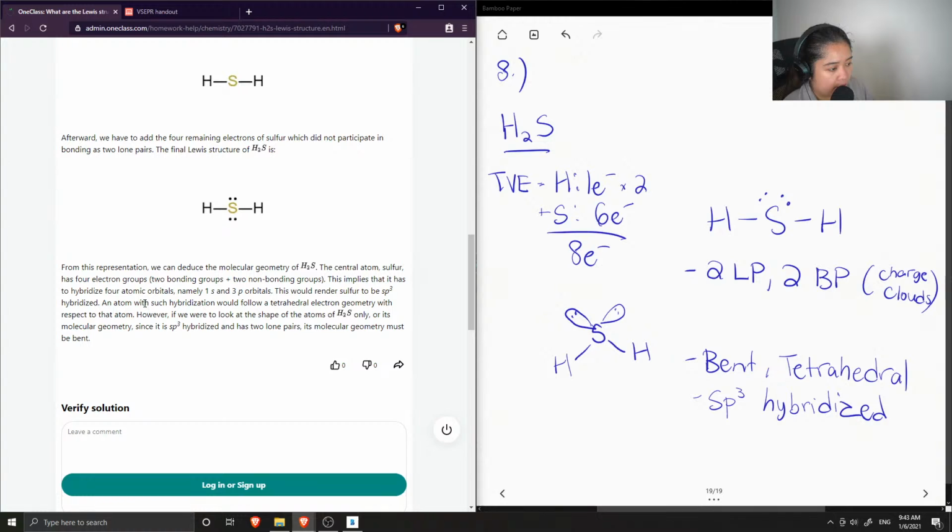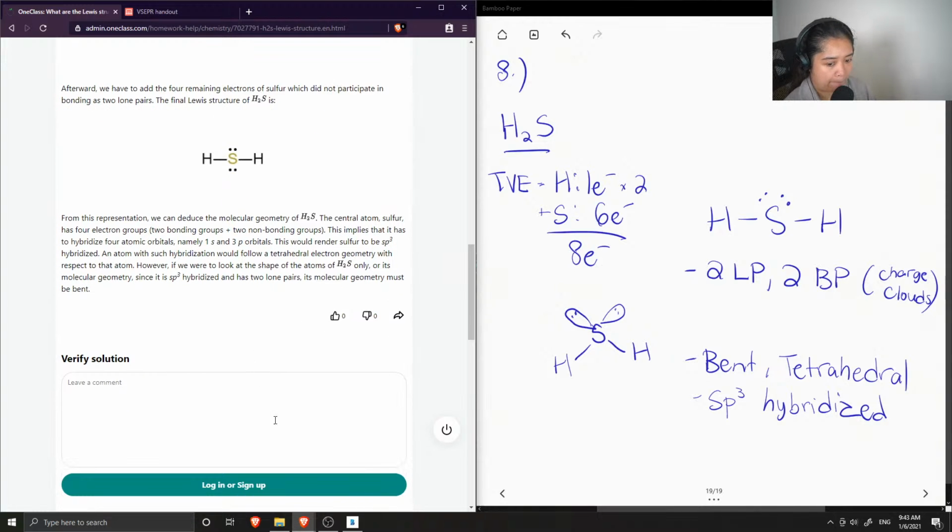And then they see that it is sp3 hybridized and its molecular geometry must be bent. Okay, so this solution is correct. Is bent. And then I'll add the electron geometry as well.